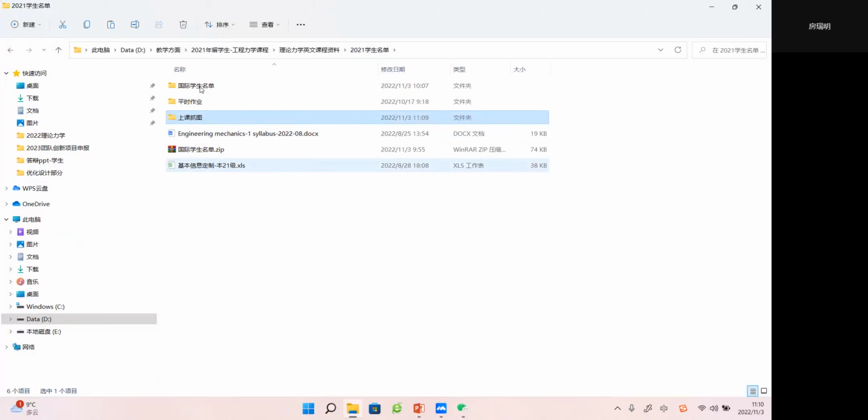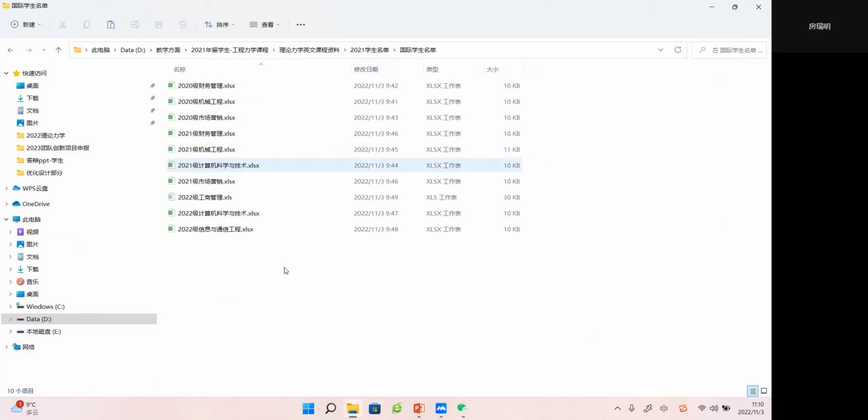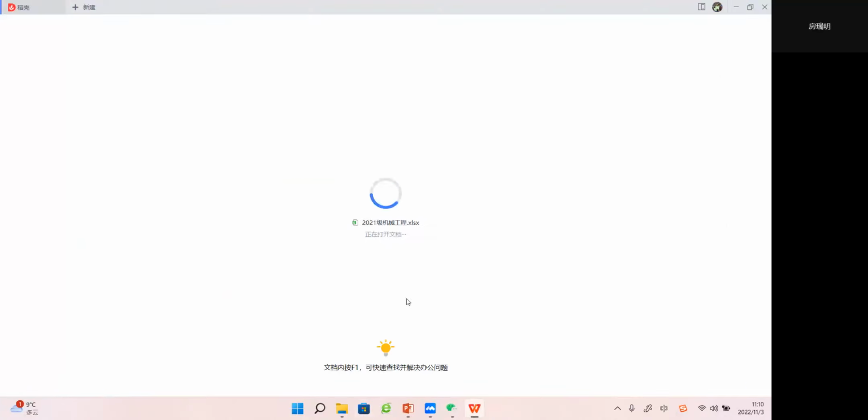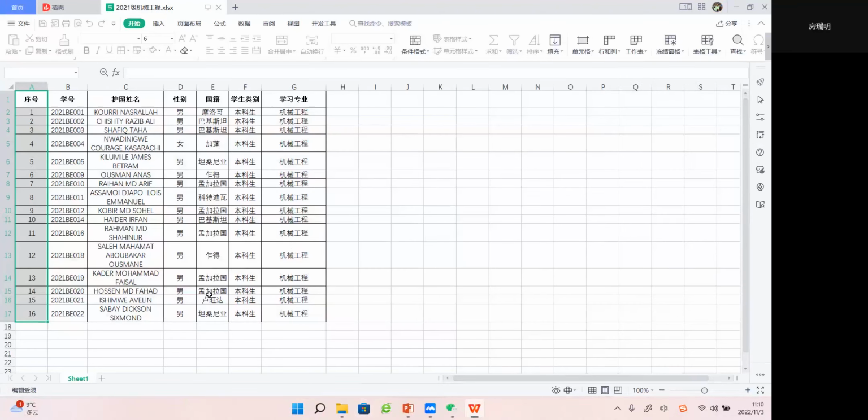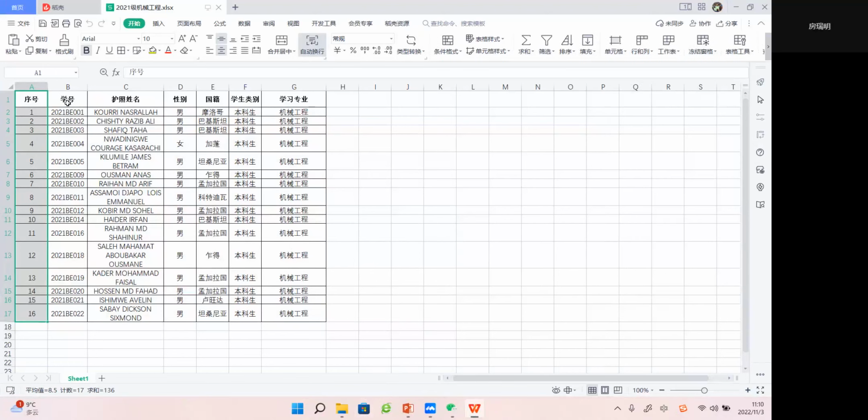We have the new name list of our mechanical grade 2021, you know? So if I open this file, you guys will find all your names and your numbers here.